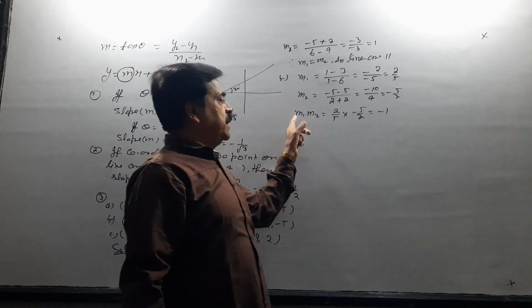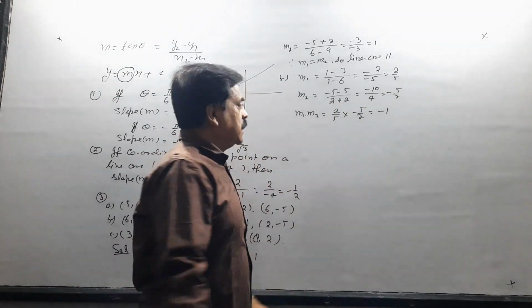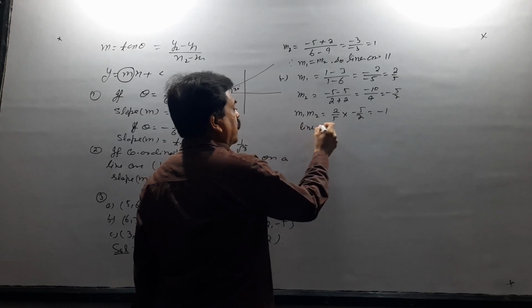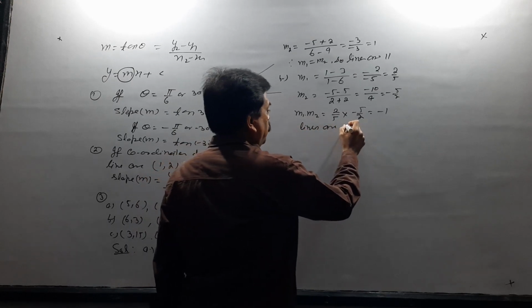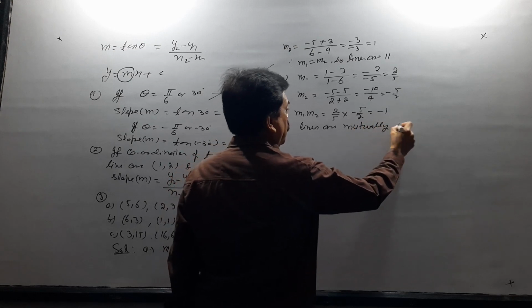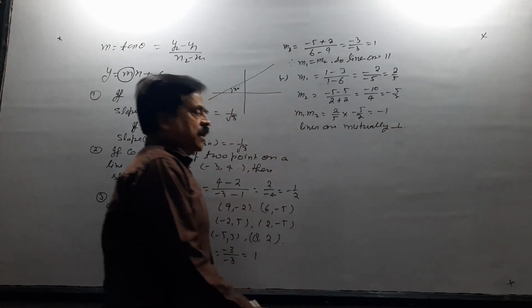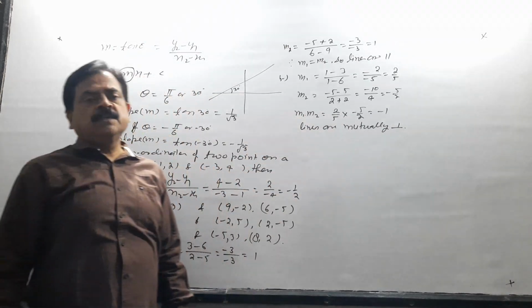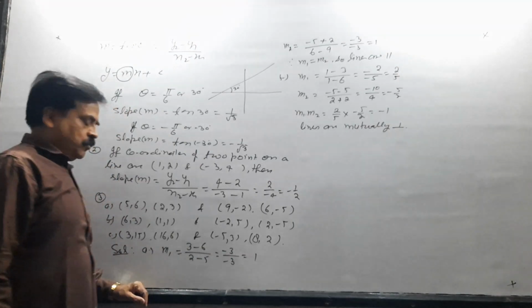And since m1 m2 is equal to minus 1, lines are mutually perpendicular. This is the sign of perpendicular. If product of slopes of lines is equal to minus 1, then lines are mutually perpendicular.